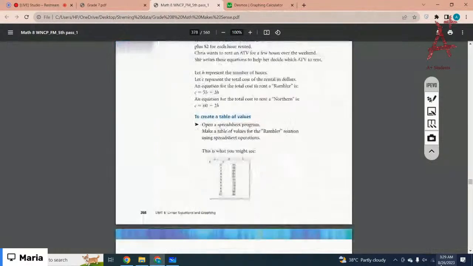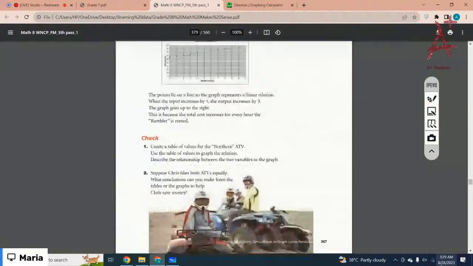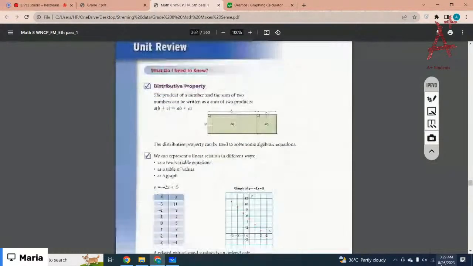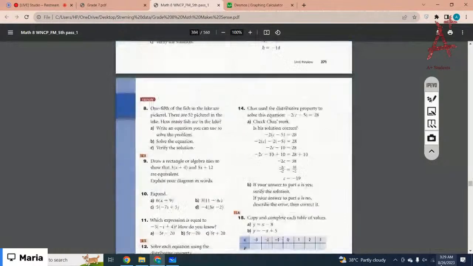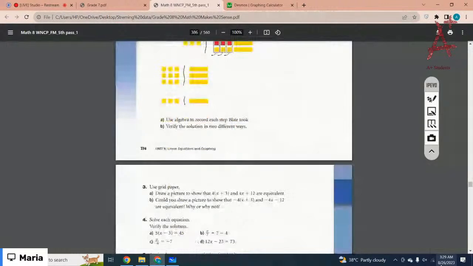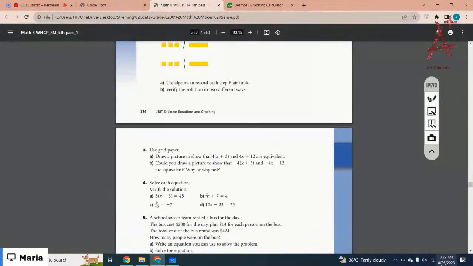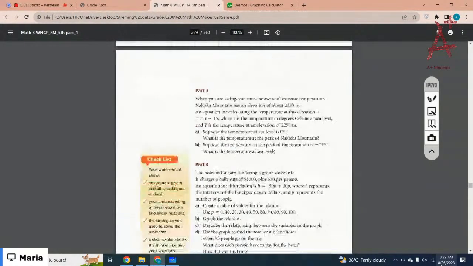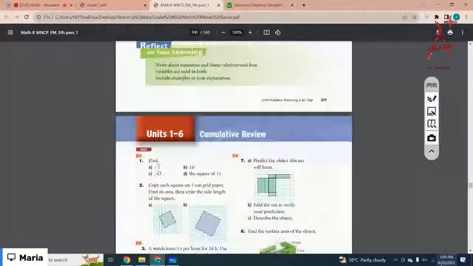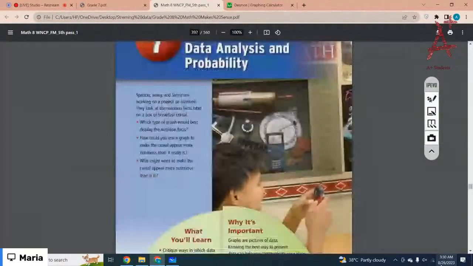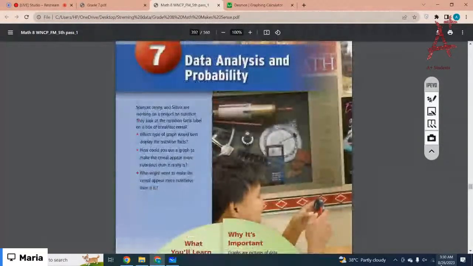We're going to start the new chapter. And the new chapter is chapter 7, data analysis and probability.